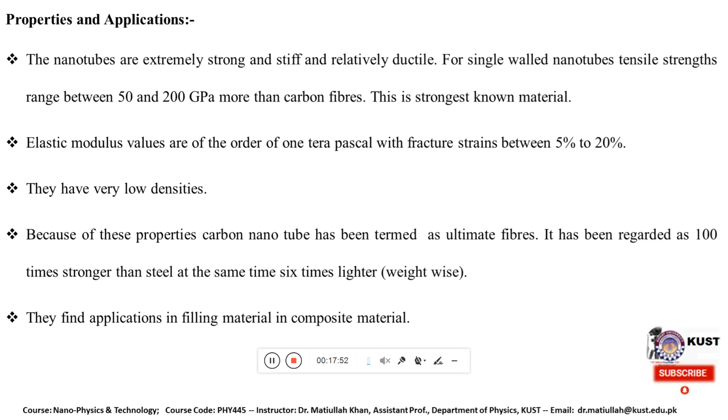So there is a compromise between the strength of the material, its ductility and its weight. But with carbon nanotubes we get a material that is even 100 times stronger than steel, and at the same time lighter in weight than steel. So it's really interesting for technology. You can also find applications in composite materials.